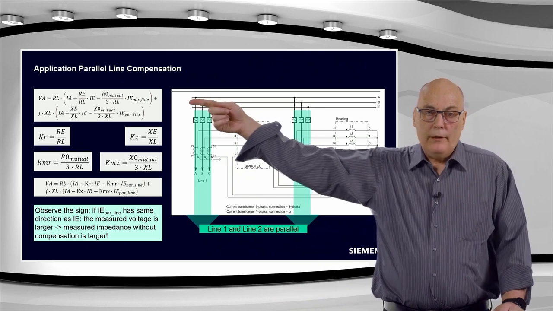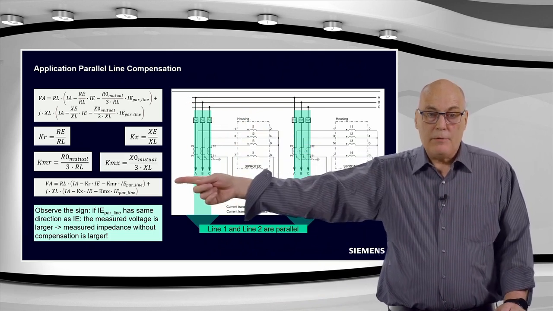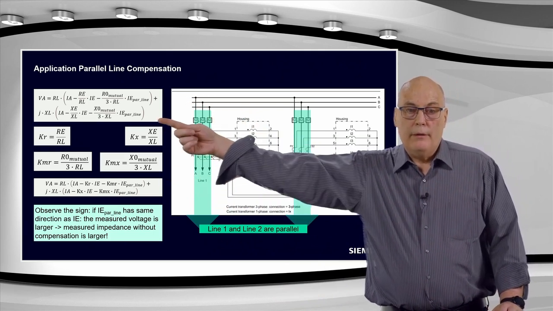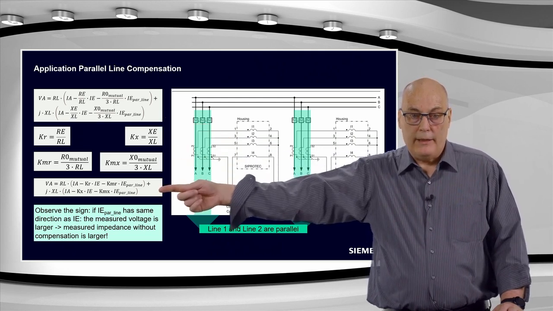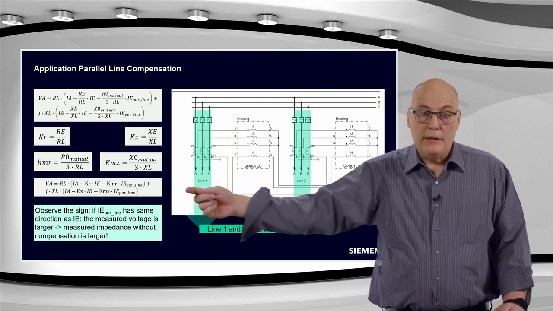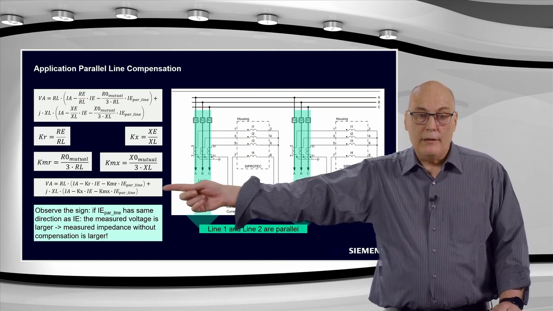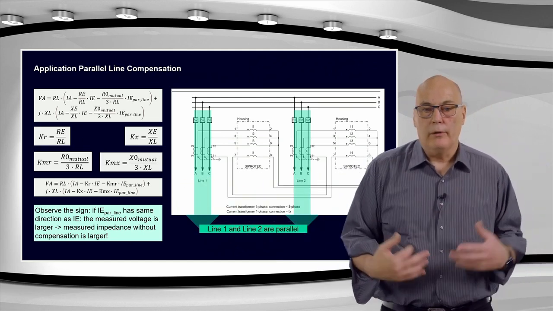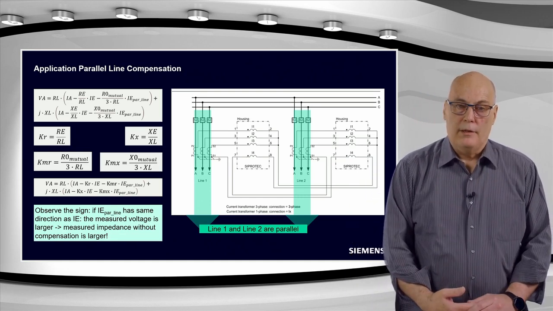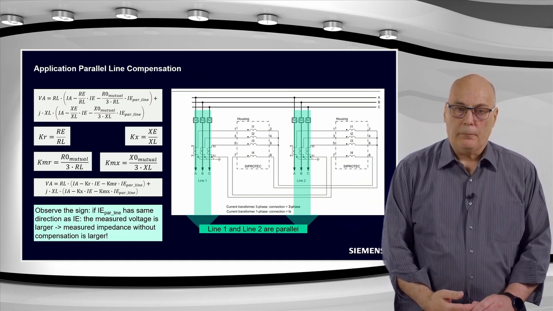And then we can rewrite the equation at the top and substitute the ratio ZM0 over 3ZL with the KMX, KMR. And the important thing obviously is if we then rewrite this, we can calculate the impedance. So the impedance calculation equation we saw early on are then modified to consider the parallel line compensation.